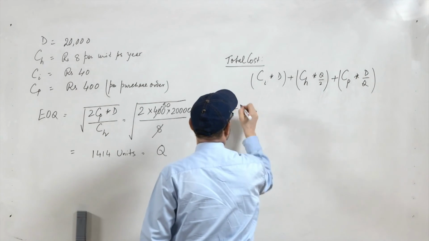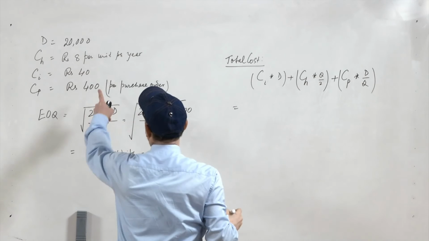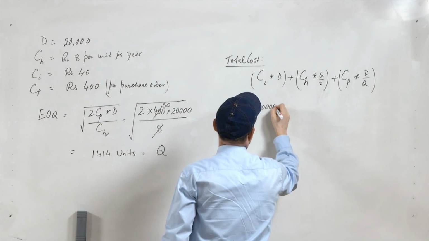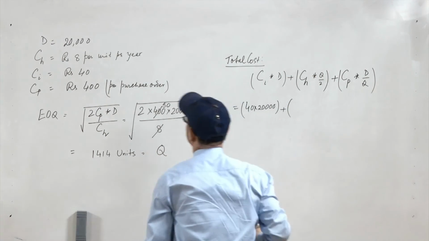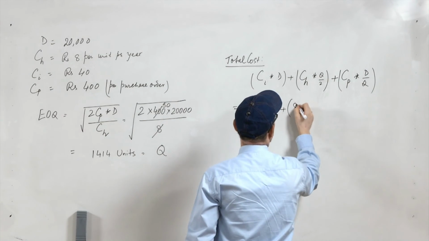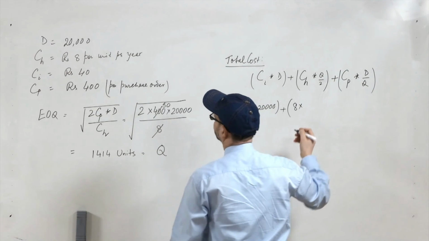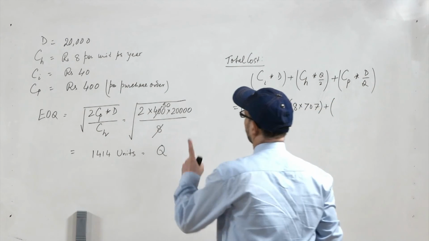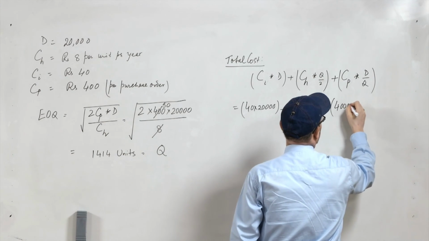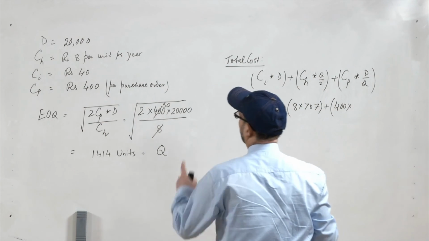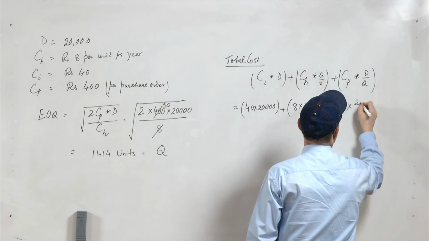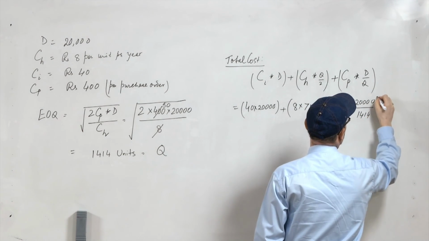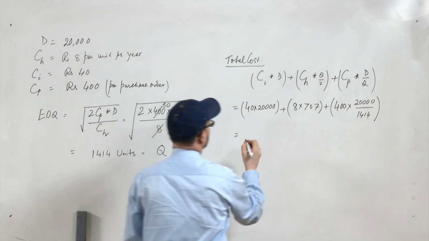Now, we have to calculate this value. Ci times D is 40 times 20,000, plus Ch times Q by 2, where Ch is 8 and Q by 2 is 707, plus Cp, which is 400, times D by Q, where D is 20,000 and Q is 1414 units. Now, we find the sum.